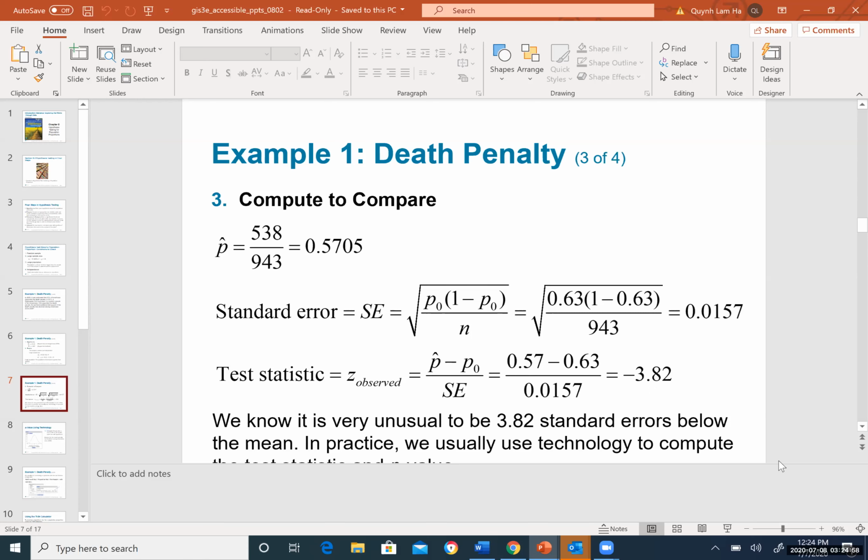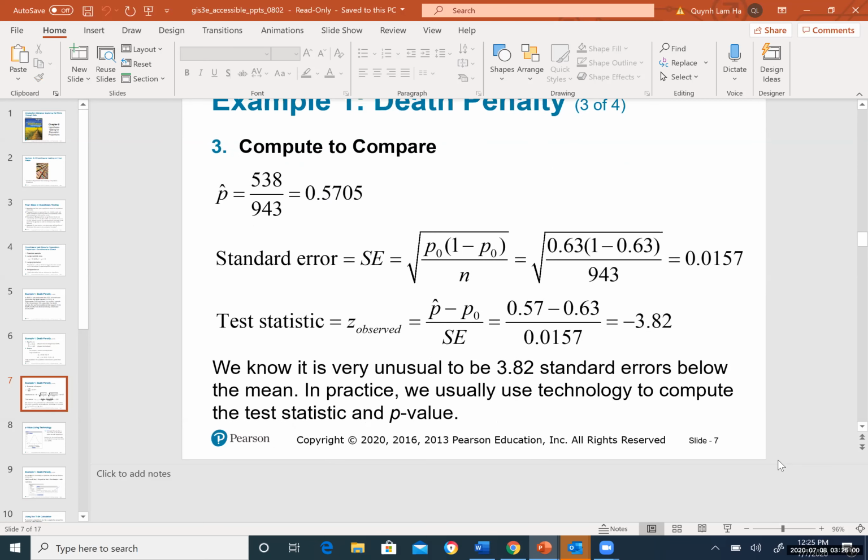This value is unusual. When we're talking about the normal bell shape that you learned from chapter 6.1, 6.2, the maximum you can see is about 3 standard deviations away, and then a small part to the right and to the left.